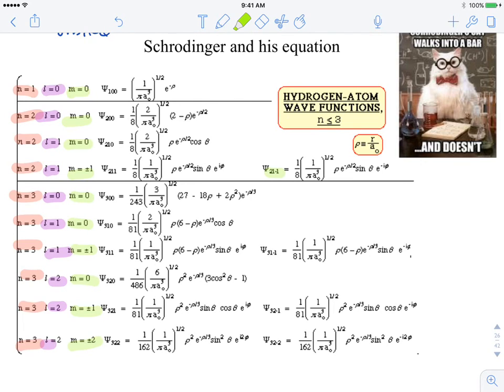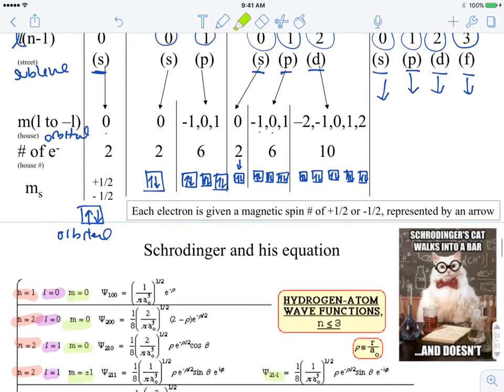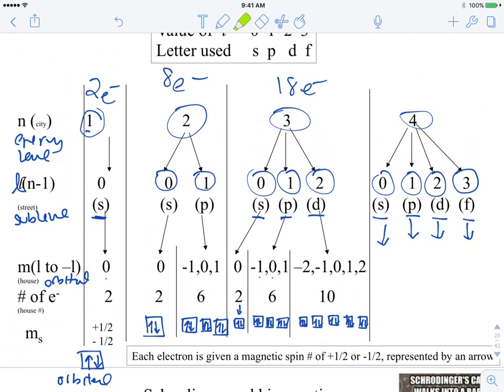So why do we care about this? Well, we want to know mathematically where the electrons are. Again, this is telling us the location of an electron based on its distance from the nucleus, the shape of the region of space where it is, its XYZ coordinates, and the spin of the electrons.